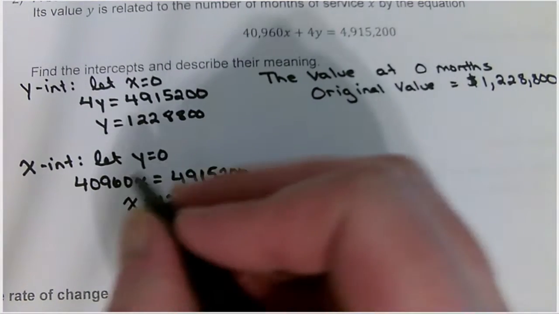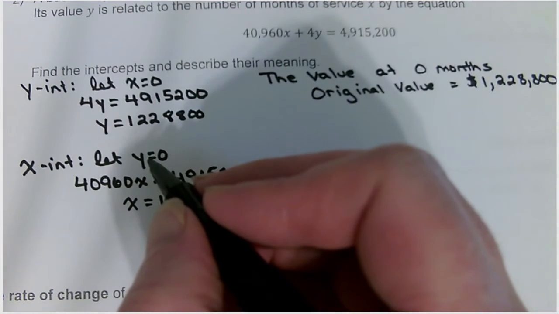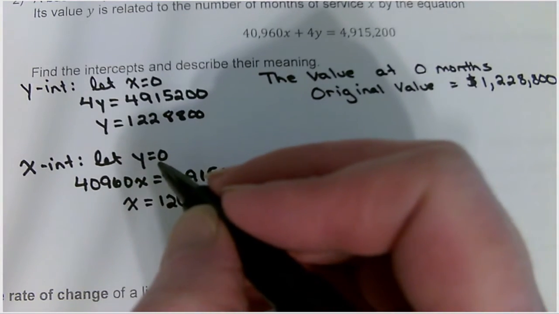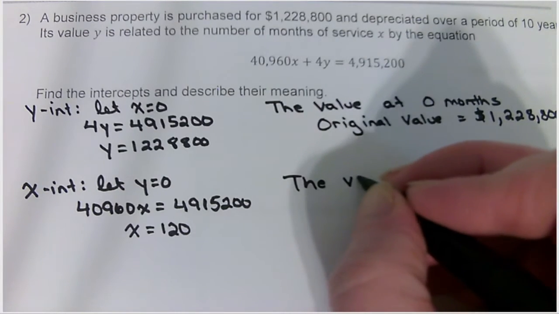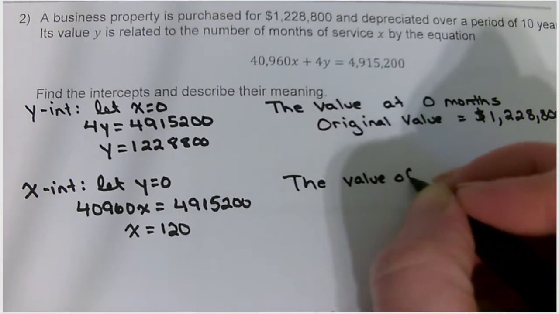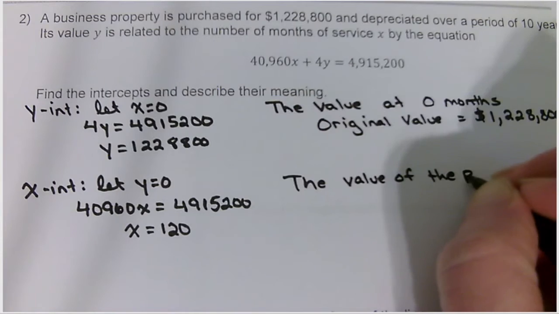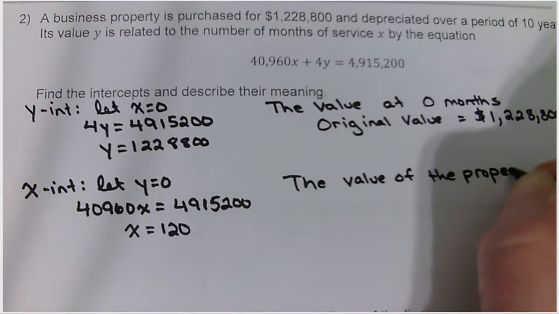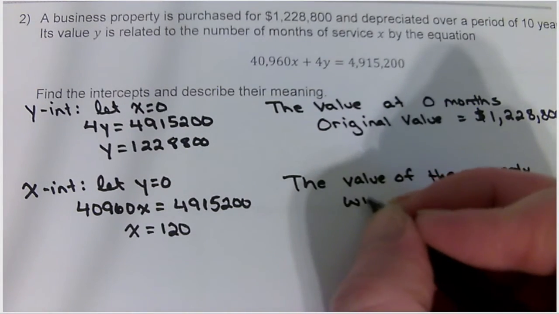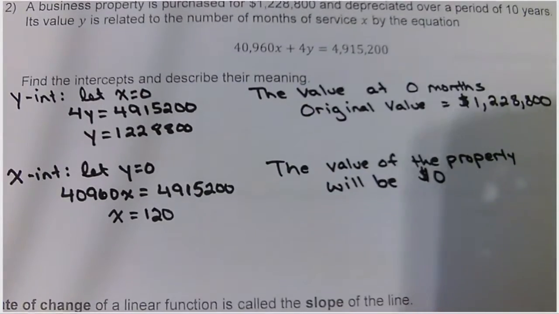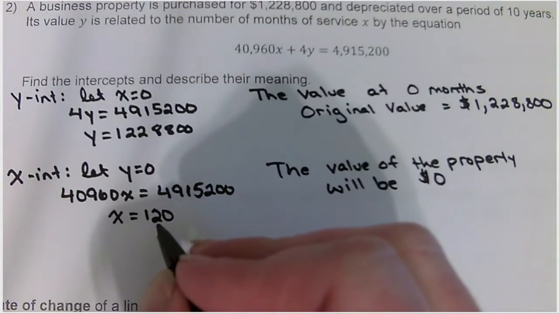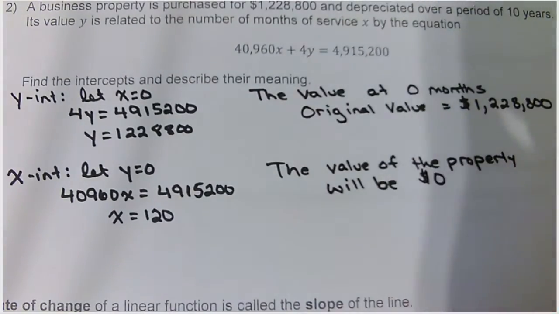So what this is finding, when y is 0, that's when the value is 0. So the value of the property will be $0 when x is 120, and x is the months of service.